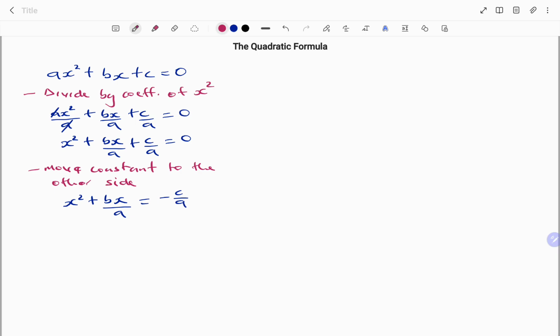The next step in the completing the square method is to add the square of half the coefficient of x.